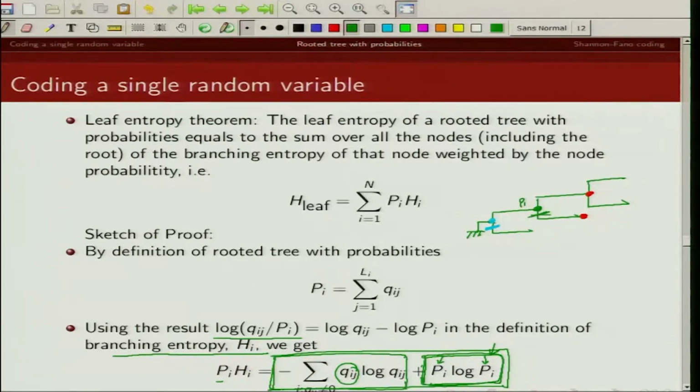And the same node is acting as Qij for this particular node. So then this will give me a minus pk log pk contribution.